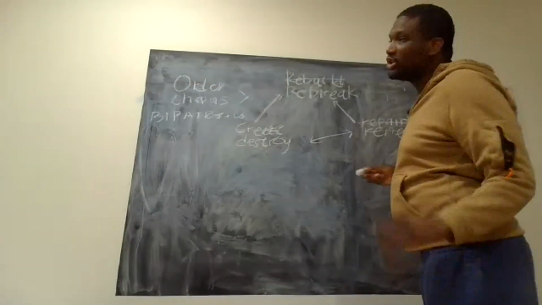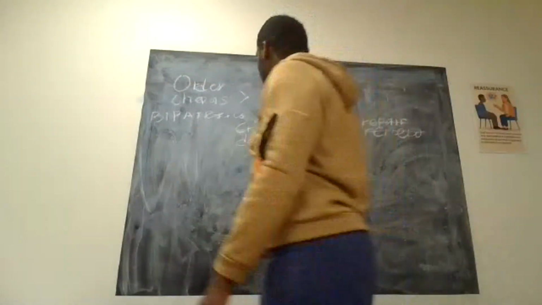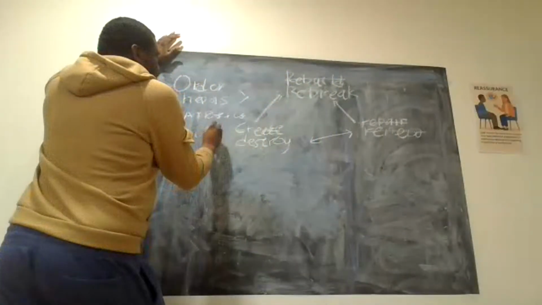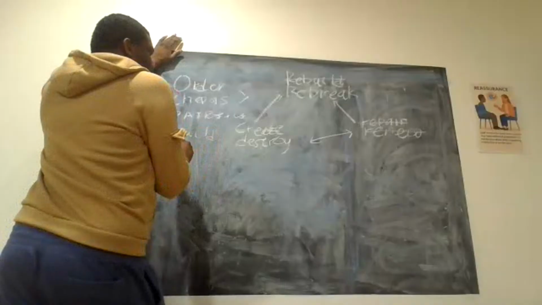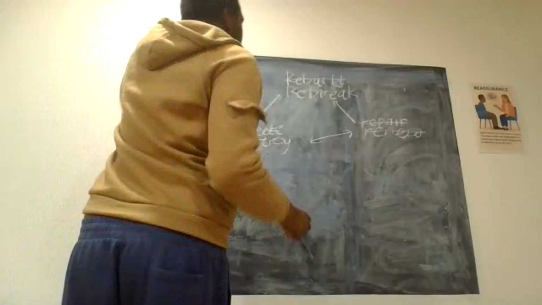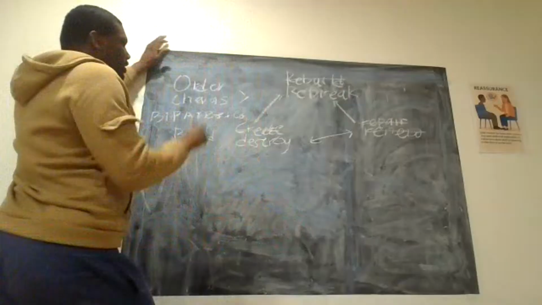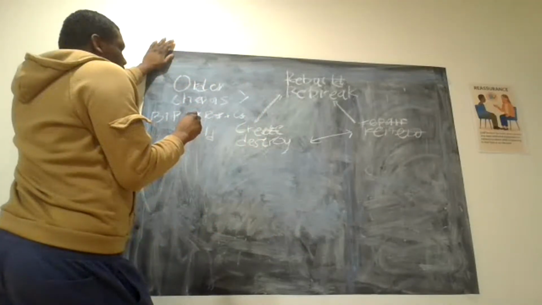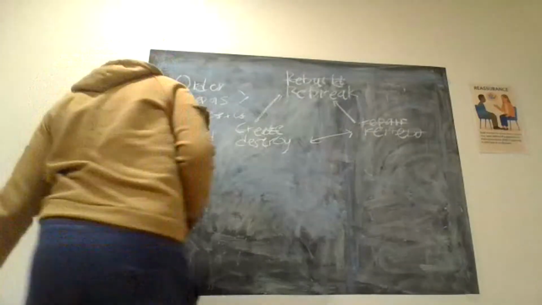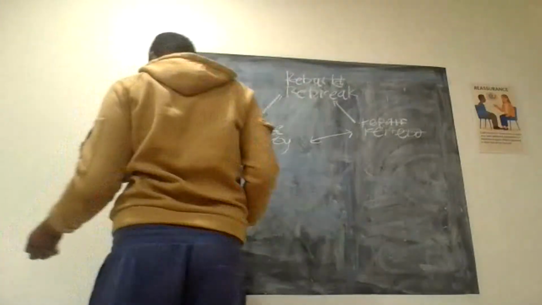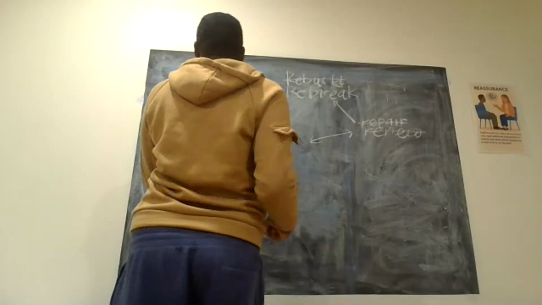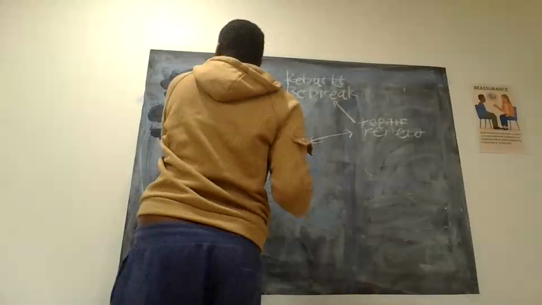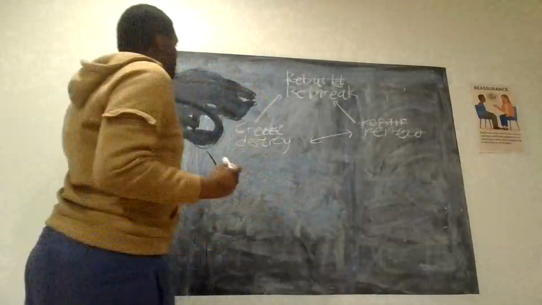So if an order sequence is, let's do a random order: build, repair, build, and create, repair, and build.